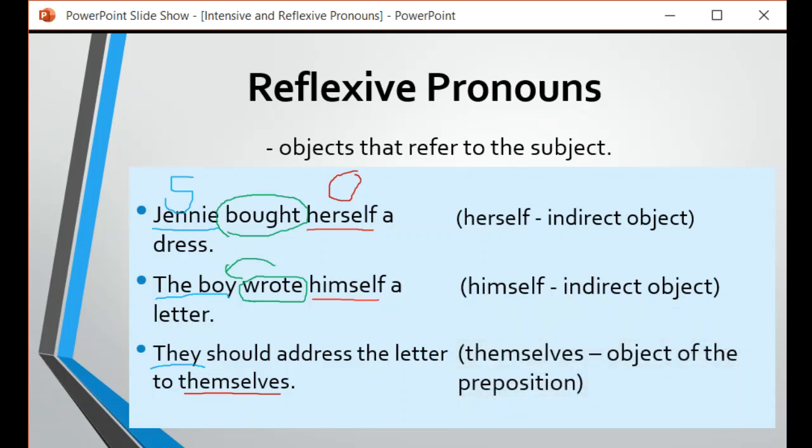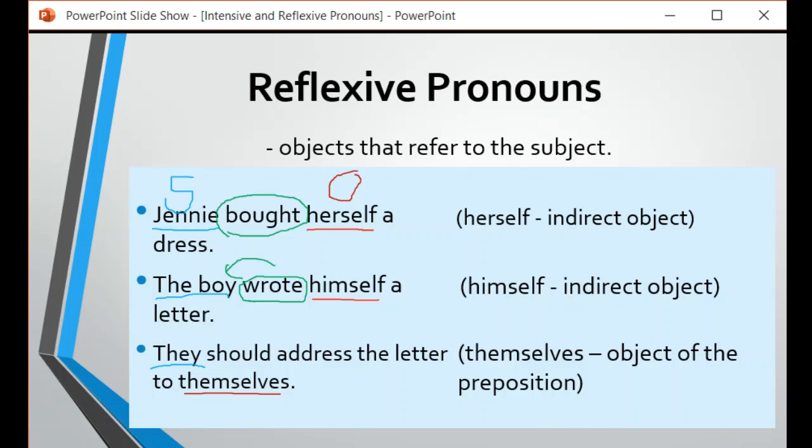At sa panghuli, they should address the letter to themselves. Sabi natin, the reflexive pronoun is themselves. In here, this is what we call the object of the preposition. Bakit natin sinabi na preposition? Tingnan ninyong mabuti ang ating pangungusap. In our sentence, we have they should address the letter to themselves.